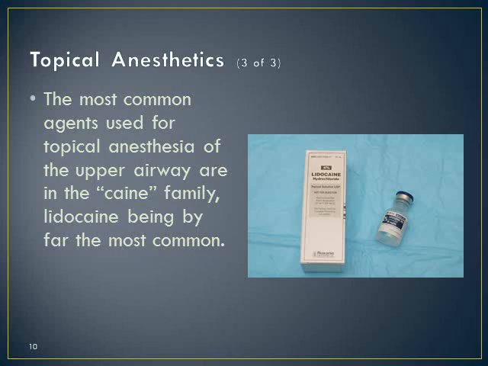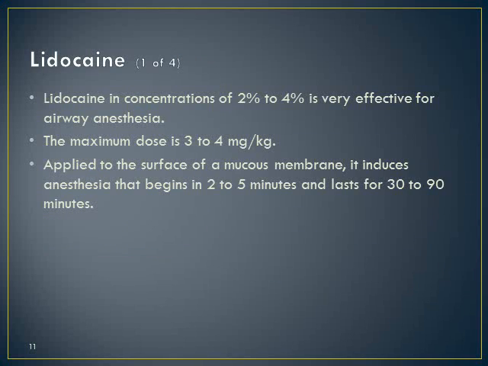The most common agents used for topical anesthesia of the upper airway are the caine family. All right, so you've got lidocaine. When you go to the dentist, they use Novocaine. All right. So the caine family is what induces this topical anesthesia for our patient.